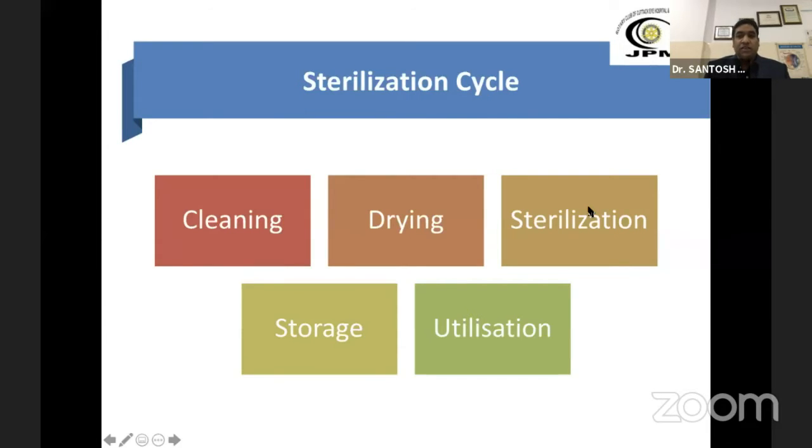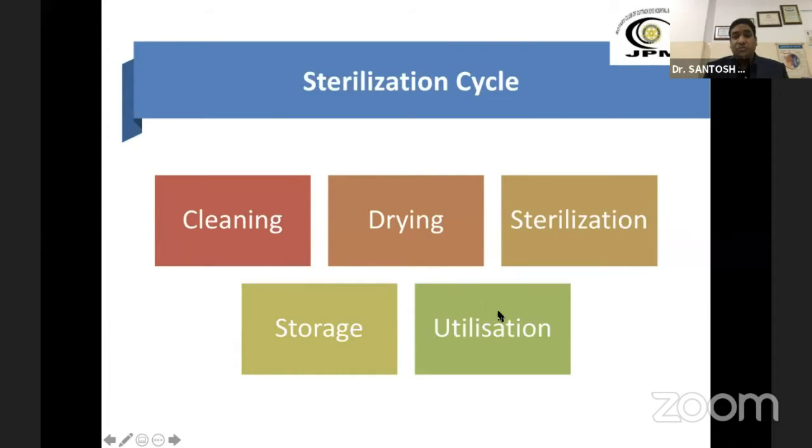sterilization, either by dry sterilization or the steam sterilization. And after sterilization, the instruments need to be properly stored and labeled. And each person responsible for each of the things should have a fixed responsibility, sign a register as discussed, and storage packages need to be properly inspected before being used.